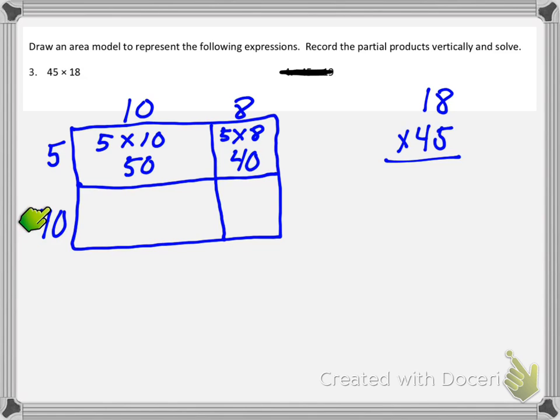Continuing, we're going to start doing 40. Go to the bottom, 40 times 8. 40 times 8 is 320. And then finish it up with 40 times 10 is 400.